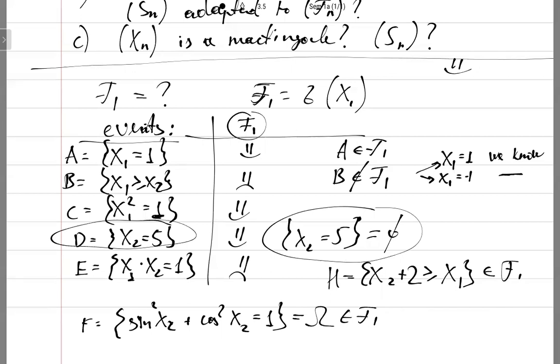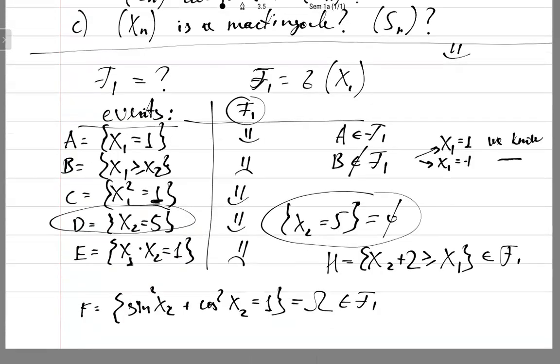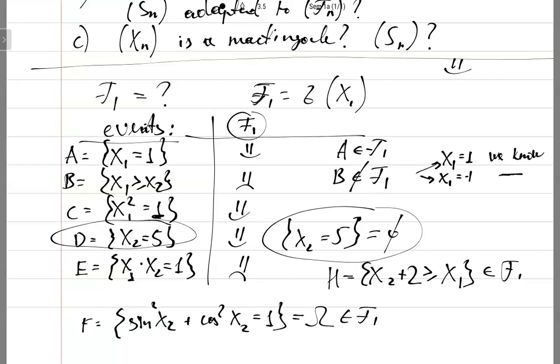Okay? The formal mathematical definition: you just take X, all events that can be formulated in terms of X. Sorry, it's not 0. -1, 1, and you combine them, and basically you obtain 4 events.